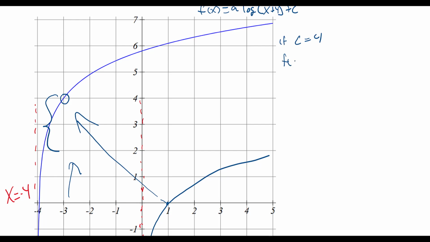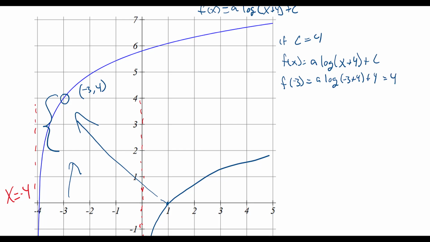We'd have f of x equals a times log of x plus 4, plus c. Now the point it goes through is negative 3, 4. So f of negative 3 is a times log of negative 3 plus 4, plus 4.